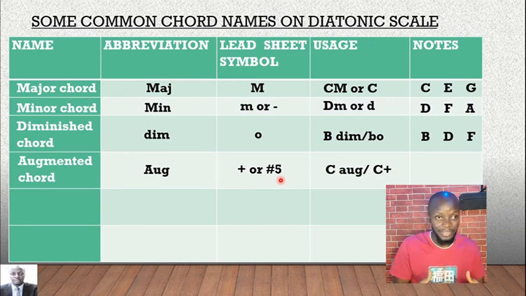All right, at some points, you may not even need to sharpen. You may just need to increase it from flat to natural, as in the case of the scale of D flat major. So in the scale of D flat major, let's say D flat, right? So the fifth is A flat here, right?